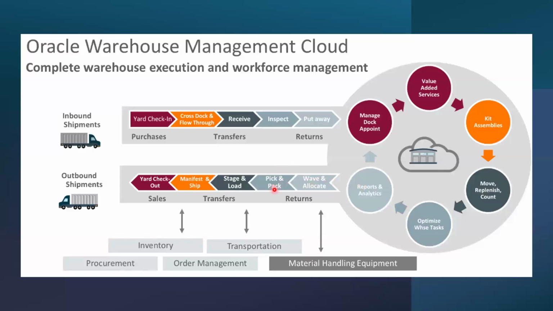Whatever we pick and pack in WMS will go to inventory, and once we ship, it will go to order management so that the order gets shipped. Because the specific stock that we have picked has to get issued out from the inventory. So the inventory that we have picked in WMS should get interfaced with inventory first, and then the sales order that we have shipped.